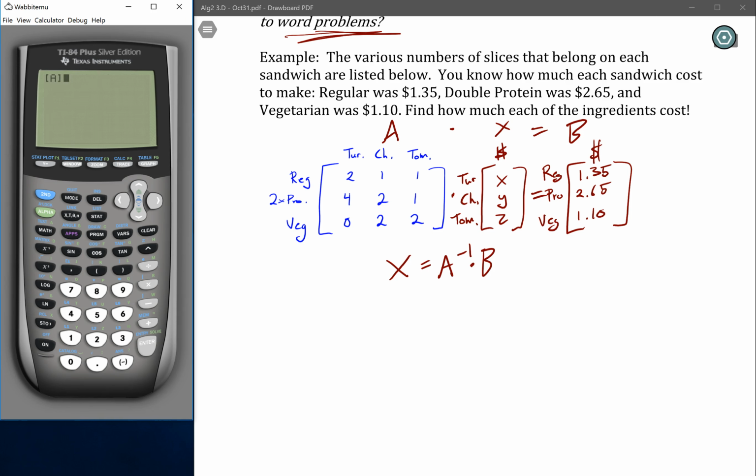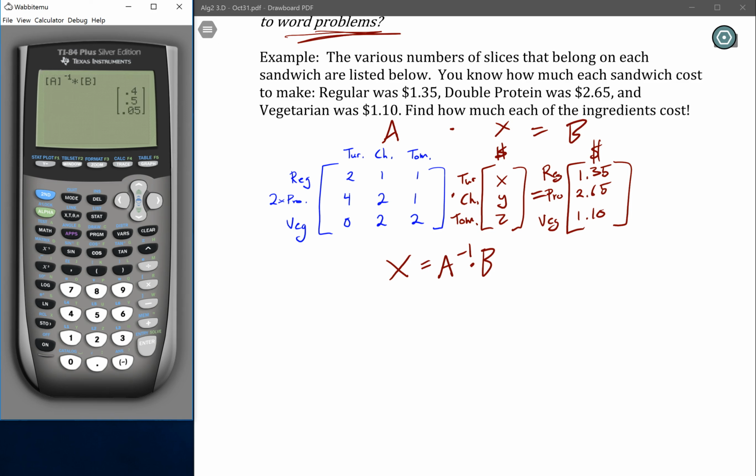So let's just pull out the matrices. A inverse, remember, is right here. Or actually you could even hit caret negative 1 as well. Either one will do the same thing. So you could hit this key or you could do caret negative 1 and then times, let's pull out the B matrix. All right, great.